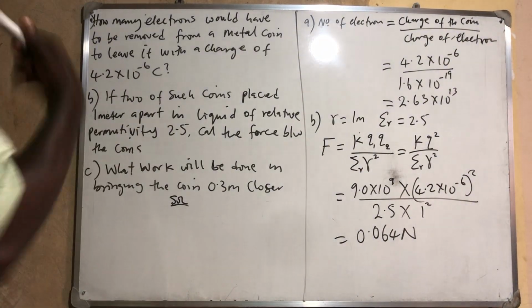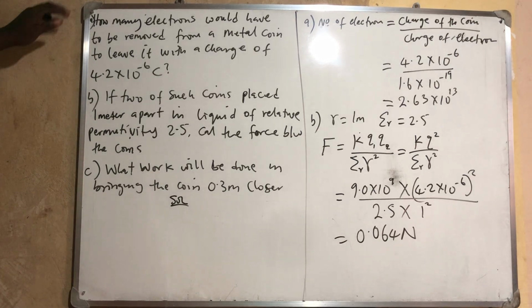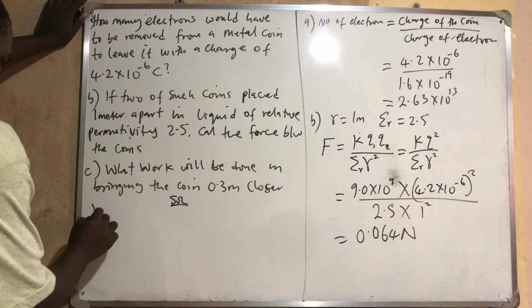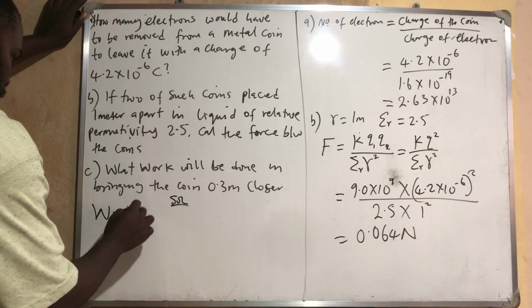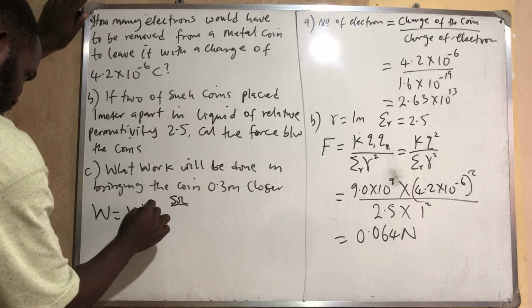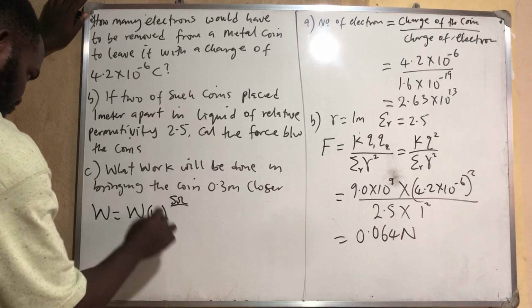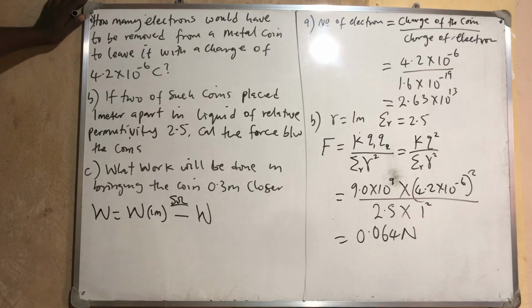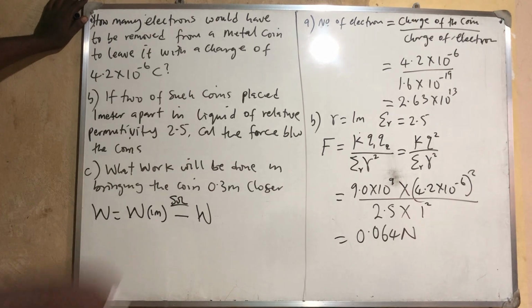So let us answer question number 3. Question number 3 said, what will be the work done in bringing the coin 0.3 meter closer? If you are bringing it 0.3 meter closer, it's simply the work done when it is at 1 meter, minus the work done when you bring it closer.